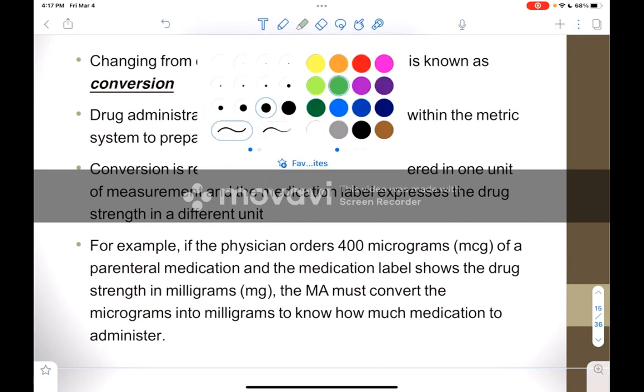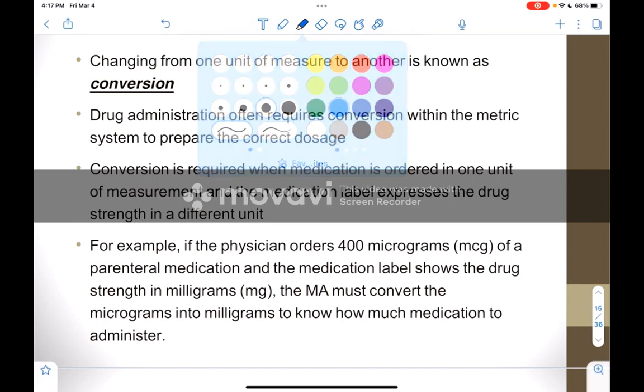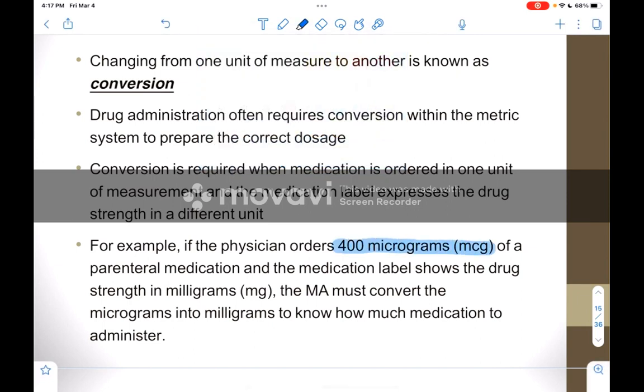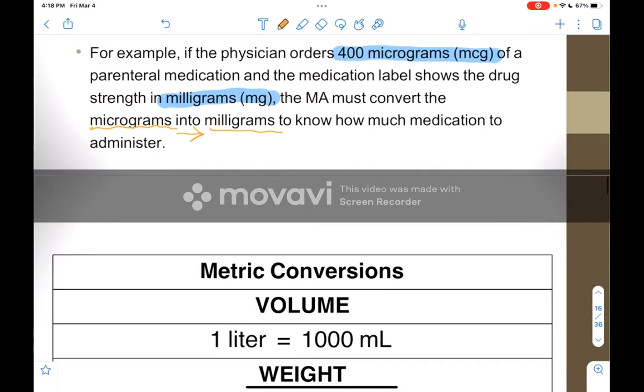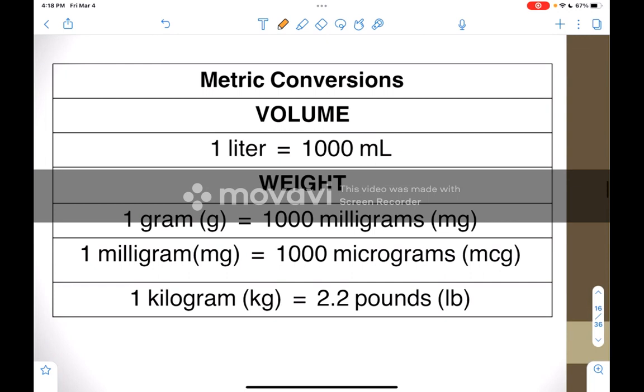So for example, the physician orders 400 micrograms of a medication, but the label gives us the strength in milligrams, right? So we need to convert from micrograms to milligrams so that we know how much to administer. And we use our conversion factors here, right? So we know that this equals this. So we can use these in our equations to convert.